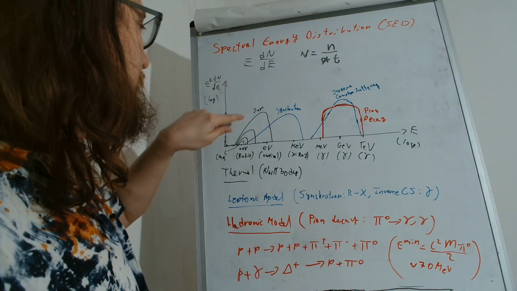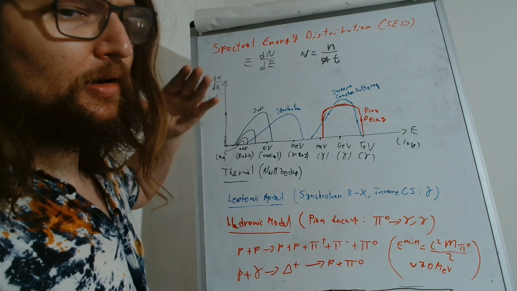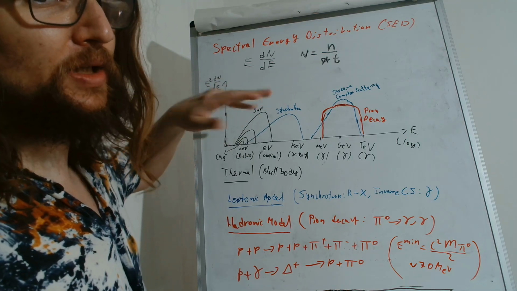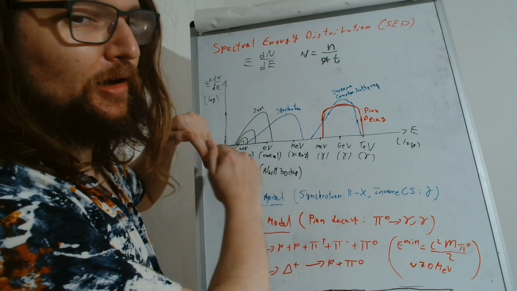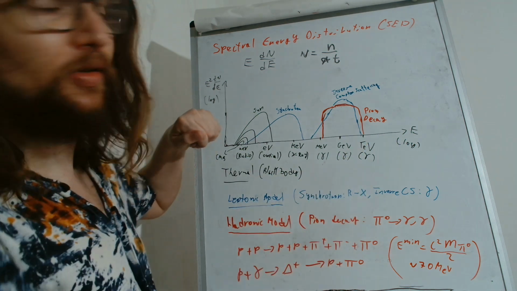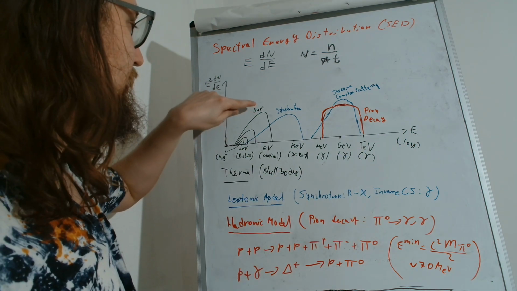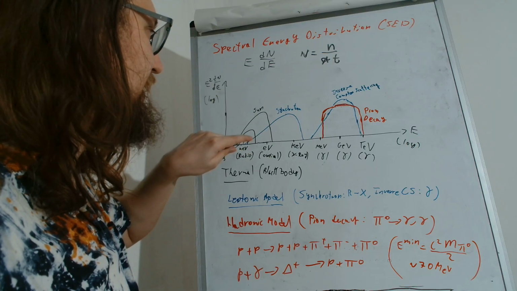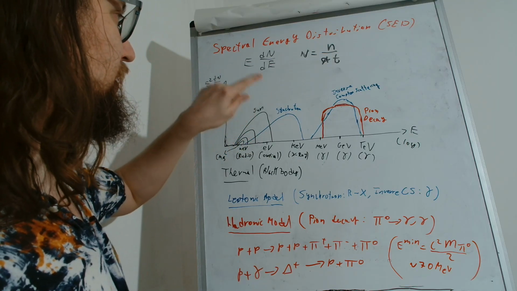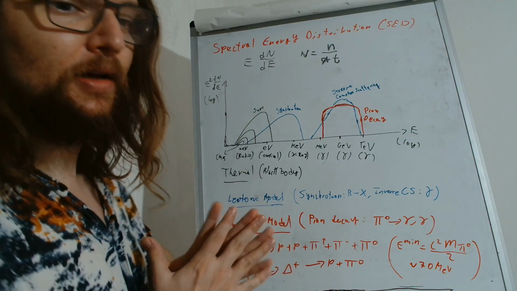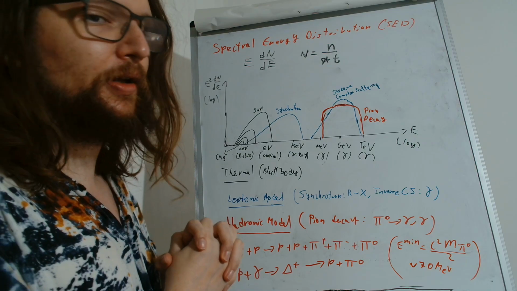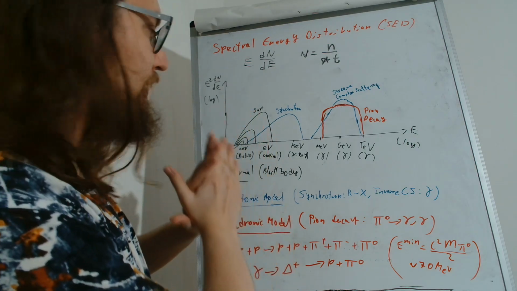The height I have chosen here is completely random, so just focus on the x-axis, on the position of the peak. The sun has a peak in the electron volt range, which is the optical range. And this is the synchrotron curve, which is not a thermal curve, not a black body curve. So these are black body curves.